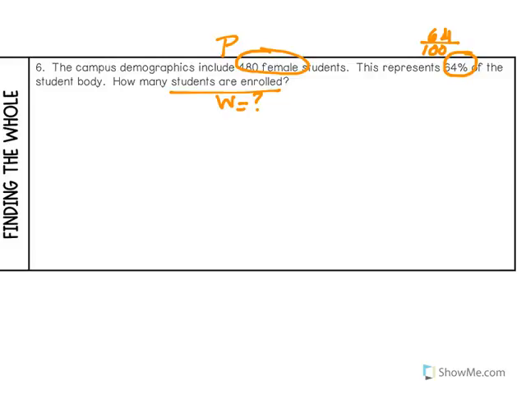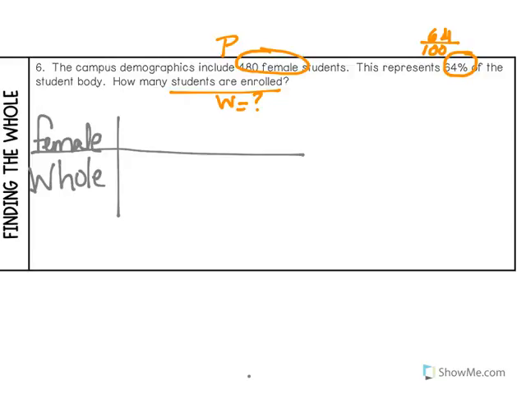So now I'm going to make my table. I know we have female and our total, our whole. So in this problem, 480 were female. I don't know my whole, so I'm just going to put a question mark over my whole.